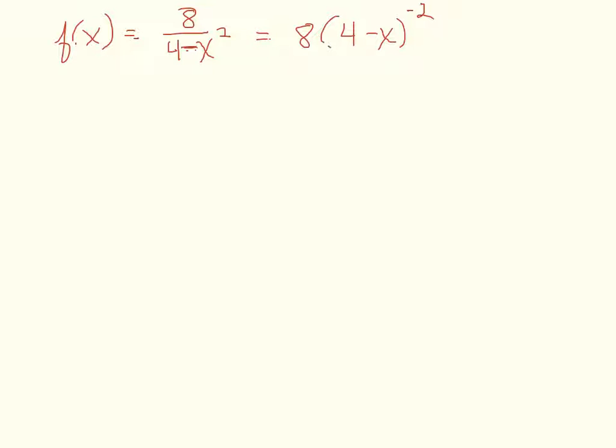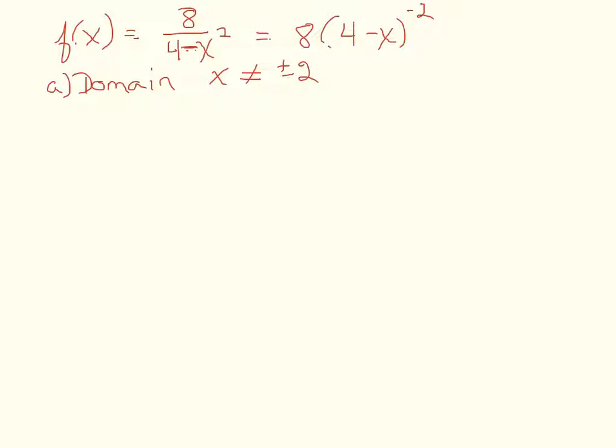When we think about domain, in this case, x cannot be plus or minus 2. If we set the denominator equal to 0 and solve, x cannot be plus or minus 2. That helps us when we go to look at our vertical asymptotes.